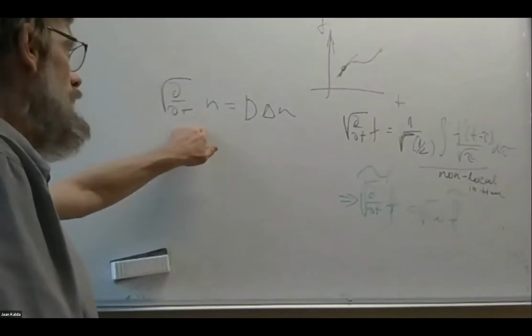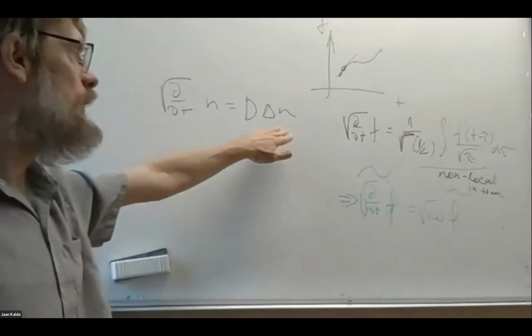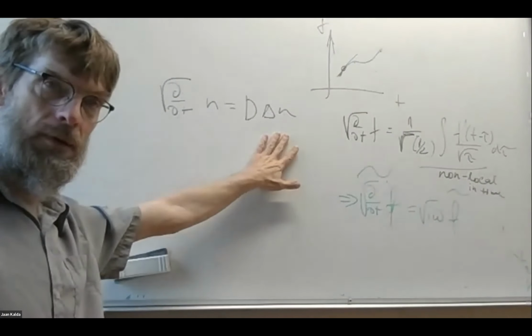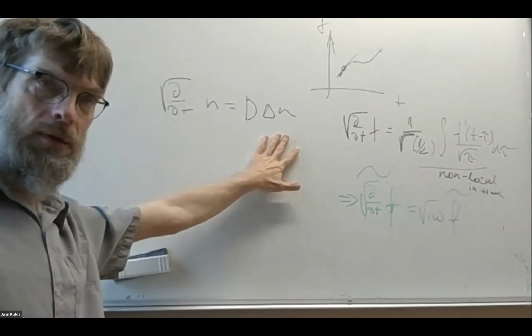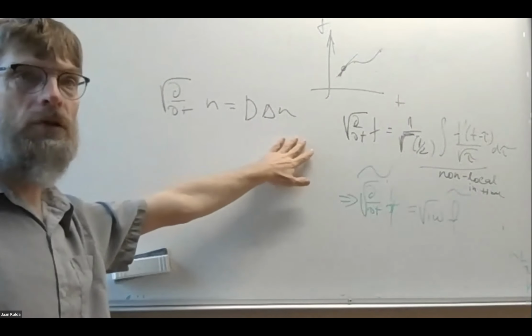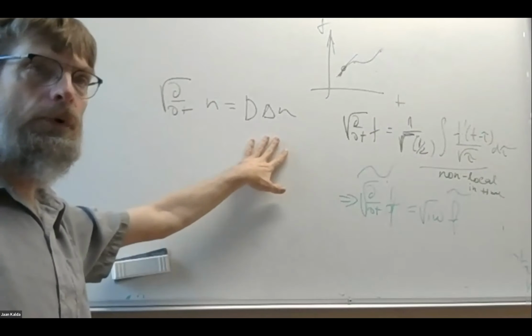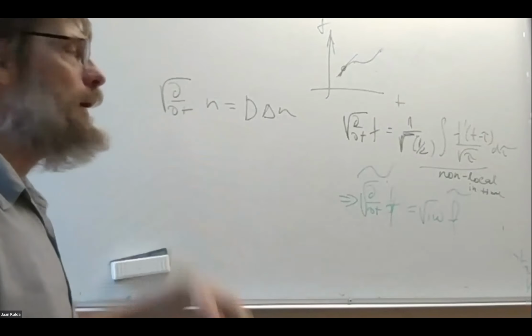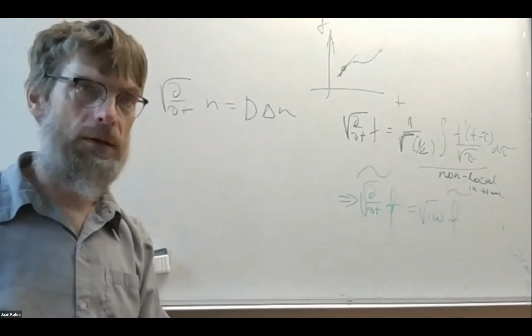So it is not local in time, but it is local in space. It doesn't depend on concentration values very far away, only at this point, but it is non-local in time.